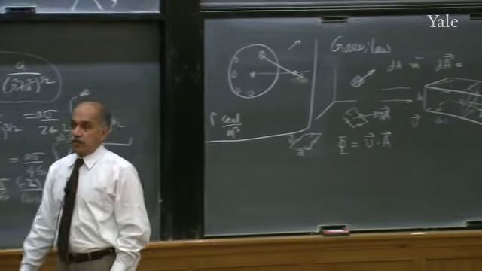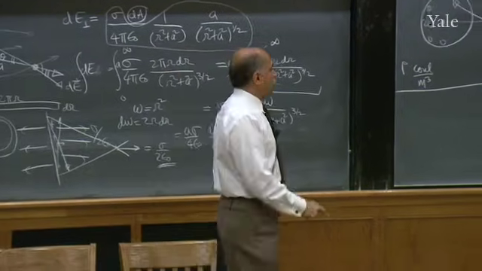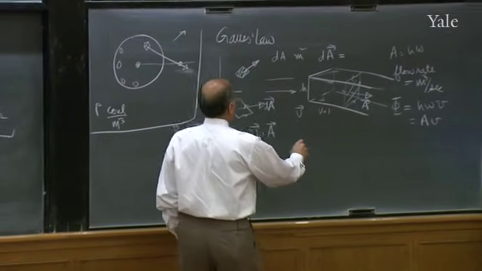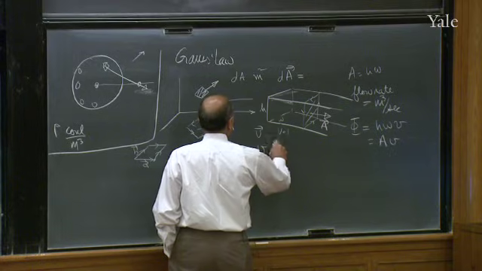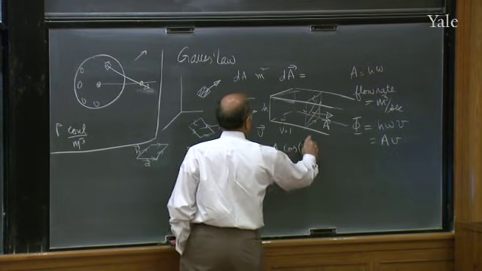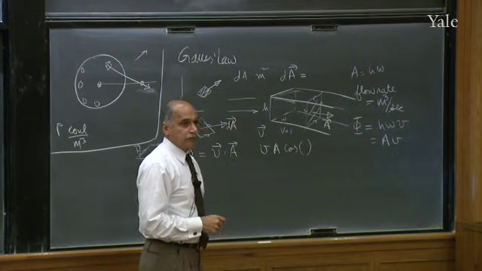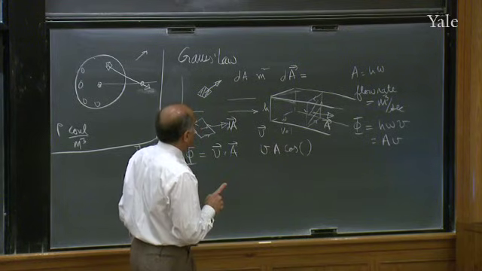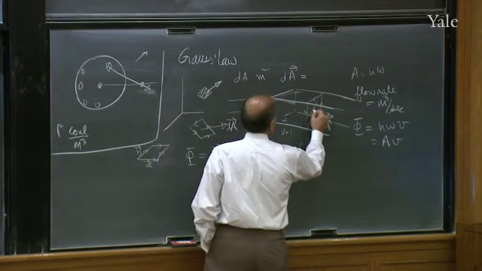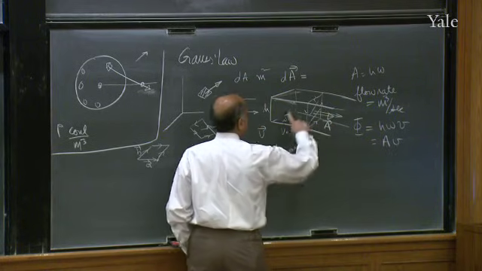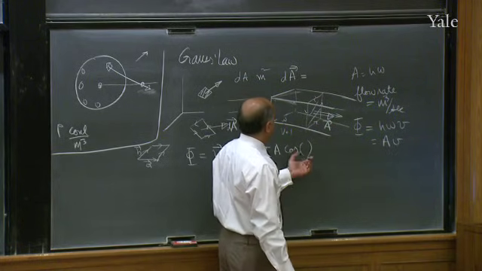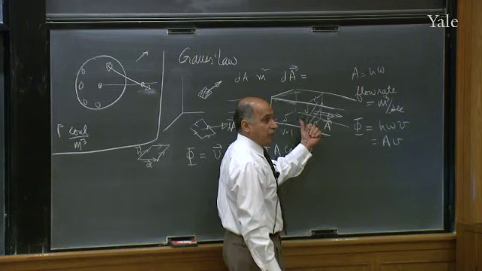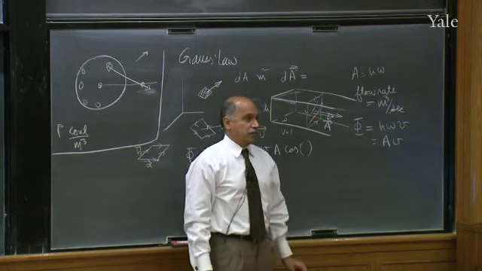Let's check that V dot A is correct. V dot A is the size of V, size of A, and cosine of the angle between them. Here you've got to be very careful. The velocity vector is like this. It's perpendicular to the plane, but don't say it's cosine of 90. The area vector is perpendicular to the area itself. You understand that?